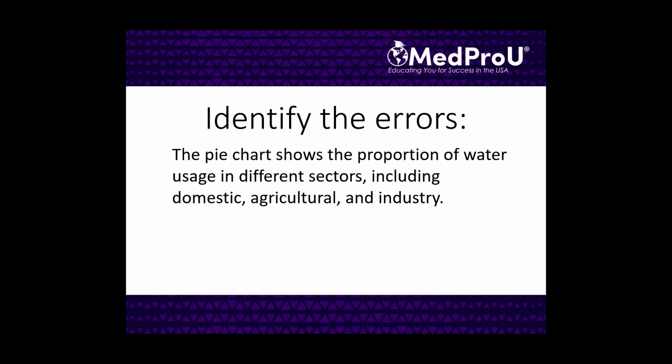The pie chart shows the proportion of water usage in different sectors, including domestic, agricultural, and industry. So it's not parallel. How can we make it parallel? The three words, the three sectors.